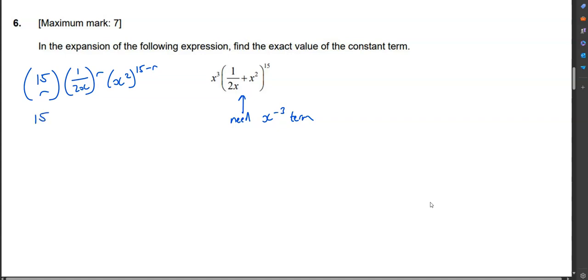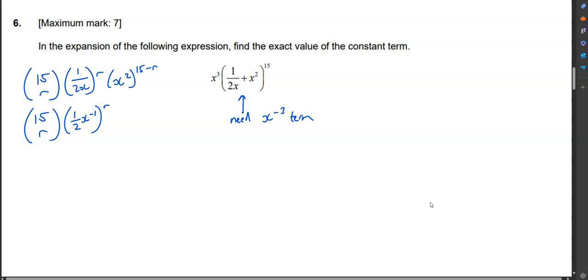So what we're going to do is separate the x's from the constant. First term here, and it's quite easy to stuff this up, this needs to be written as a half times x to the minus 1. If you're not convinced as to why that's the case, separate the fraction into a half times 1 over x. You can hopefully see that is the same as 1 over 2x. And that then gives us the same as a half x to the minus 1 to the power of r.